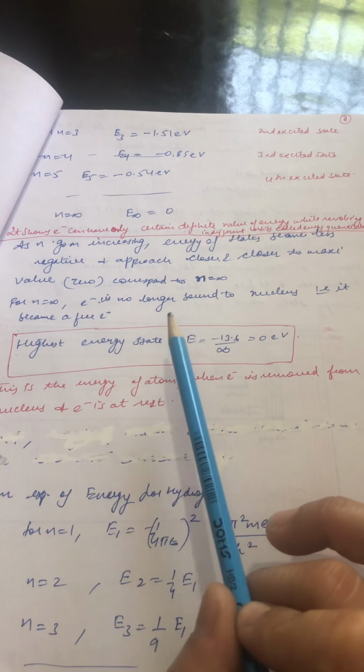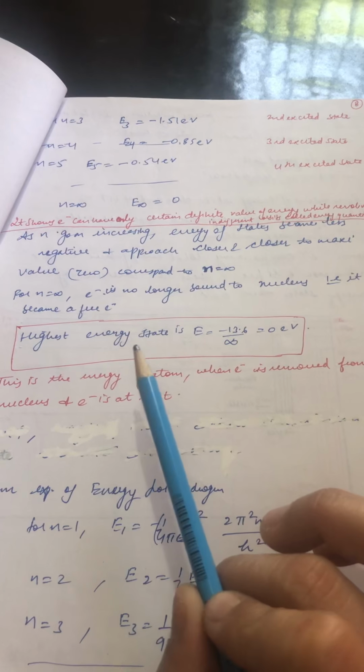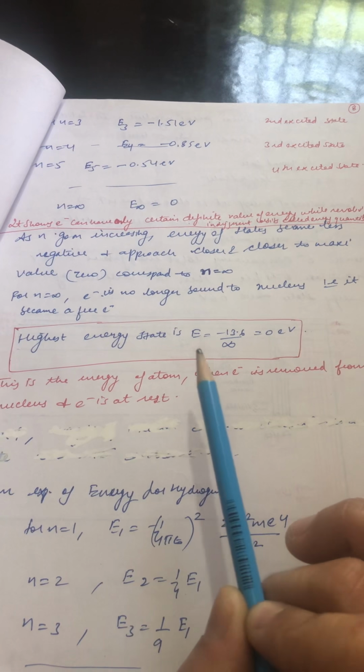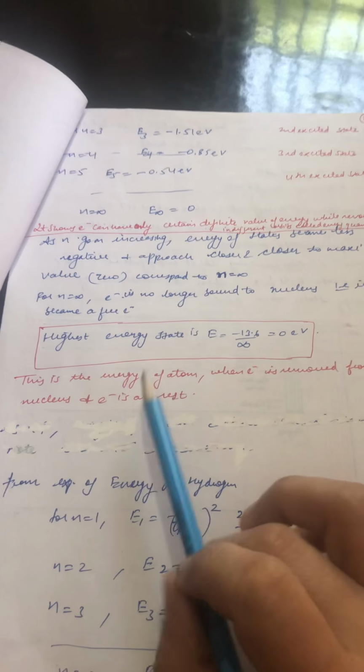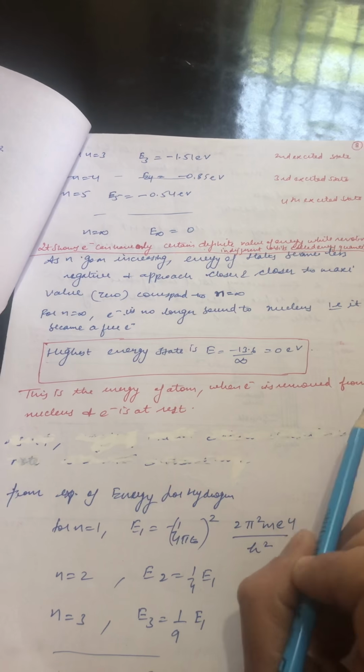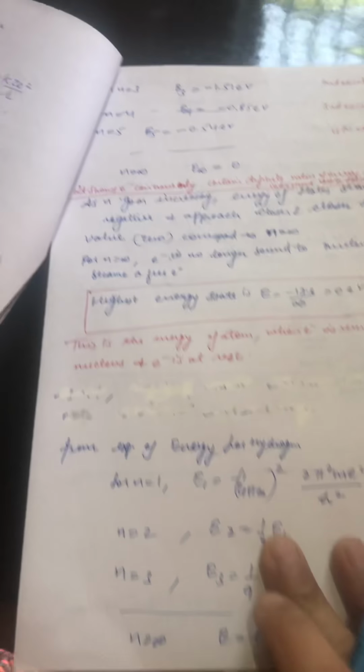So the electron is no longer bound to the nucleus, that is, it becomes free. So the highest energy state is E is equal to minus 13.6 upon infinity, equal to 0 electron volt. This is the energy of the atom when the electron is removed from the nucleus and the electron is at rest.